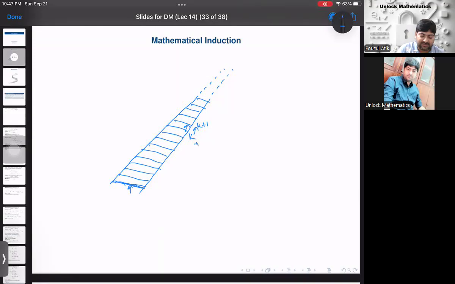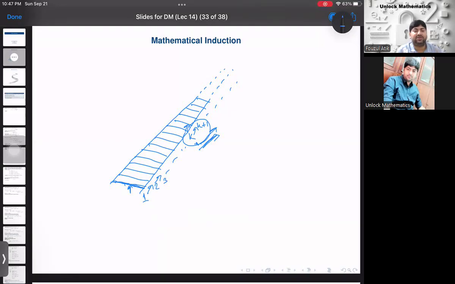Now you are at level 1, and for any k, if you are at the kth step, you can go one more step. So you are already at 1, so you can go to step 2 by this capability. Then you are at 2, so you can go to 3, then 3 to 4, 4 to 5, 5 to 6, like that you can climb the whole infinite ladder, right?